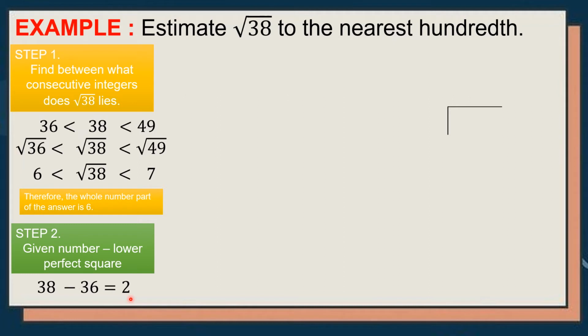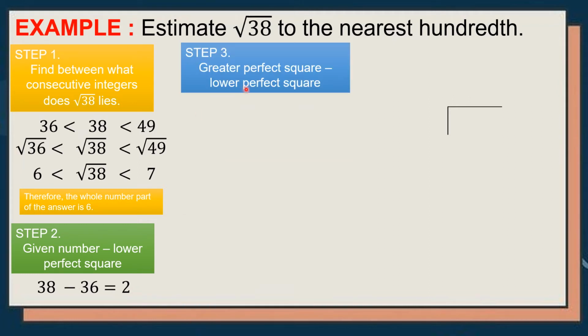For step number 3, we have to get the difference of the greater perfect square and the lower perfect square. So we subtract the lower perfect square from the greater perfect square. Therefore, 49 minus 36 is equal to 13. So, that is for step number 3.